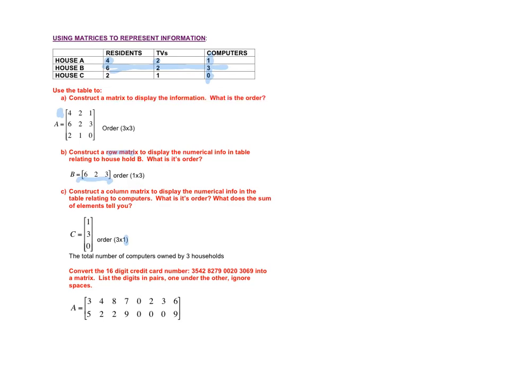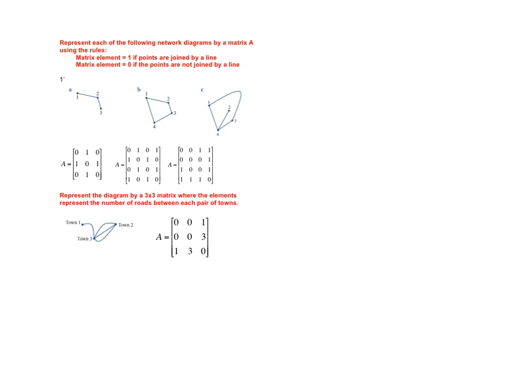List the digits in pairs, one under the other, and ignore spaces. So can you see how we've gone 3, 5, yeah, 4, 2, 8, 2, and so on, and they've written that out. So I think that's how a digital credit card reads. Like, it jumbles it up, and that's why you can have so many combinations. All right, so that was easy.